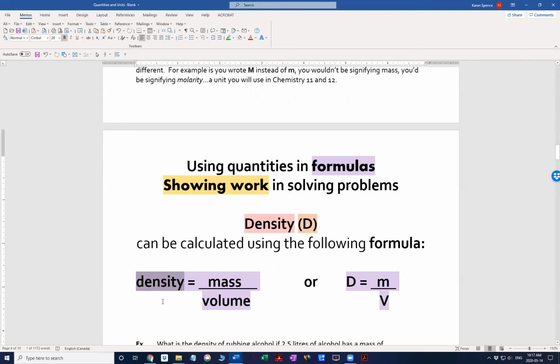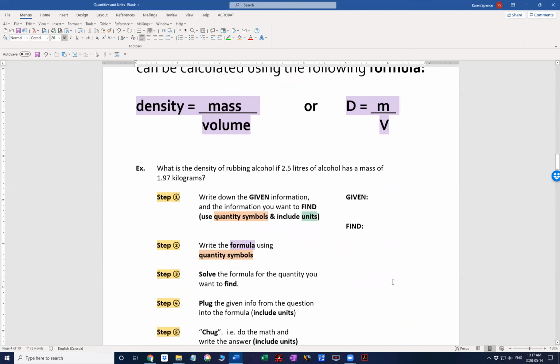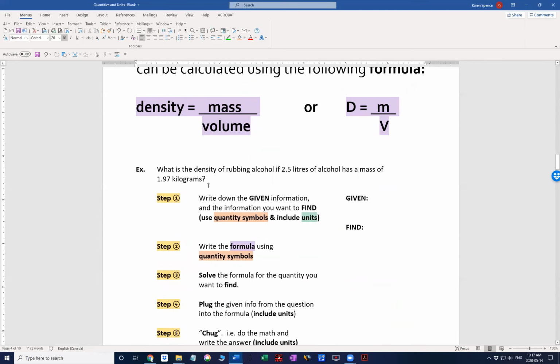So we calculate density as mass over volume, or D equals M over V. So what is the density of rubbing alcohol if 2.5 liters of alcohol has a mass of 1.97 kilograms?